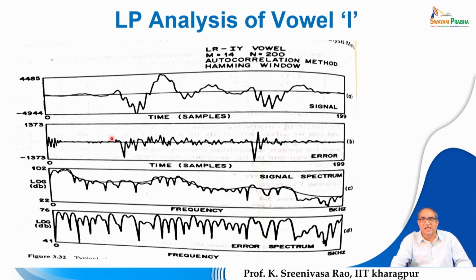Now in the LP analysis, in the analysis phase, the LP coefficients are captured over here. After that, the vocal tract system is represented by an all pole filter.